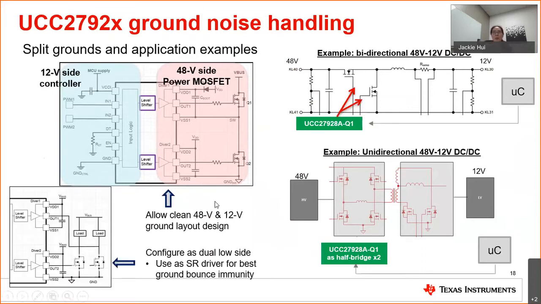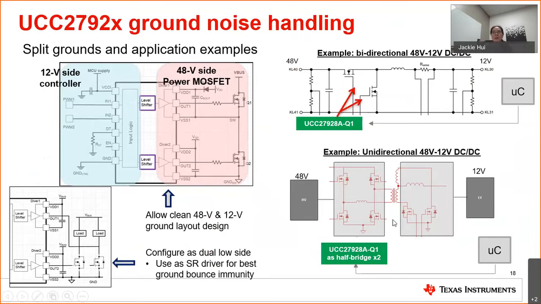Another example of use is, as I mentioned, that this driver can not only be a half-bridge driver, it can also be used as a dual low side or dual high side. One example is a unidirectional 48 volt to 12 volt DC-DC.